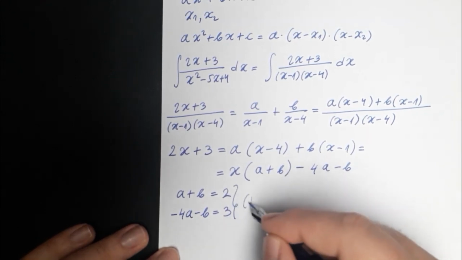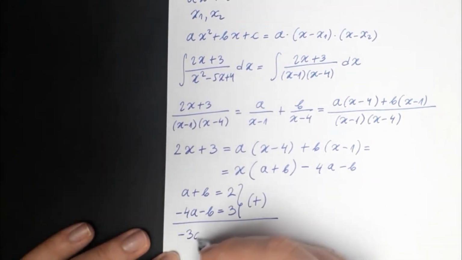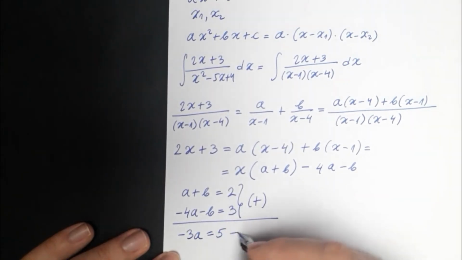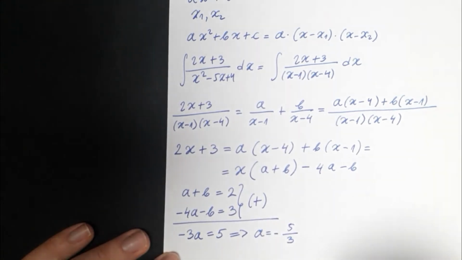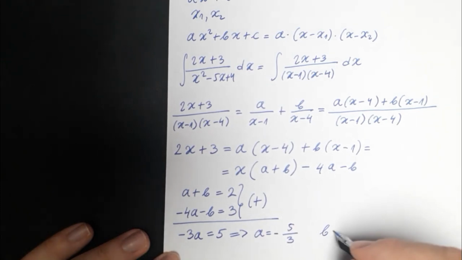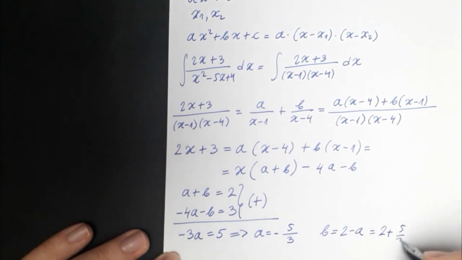If we add these two equations, we get that minus 3a is equal to 5, and that means that a is going to be negative 5 divided by 3. b from the first equation can be written as 2 minus a, which is equal to 2 plus 5 divided by 3, which is going to give us 11 divided by 3.